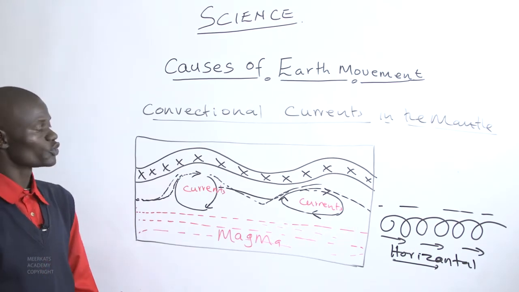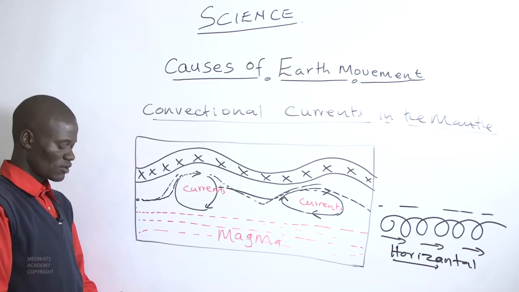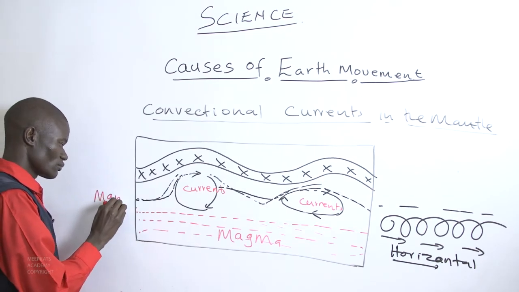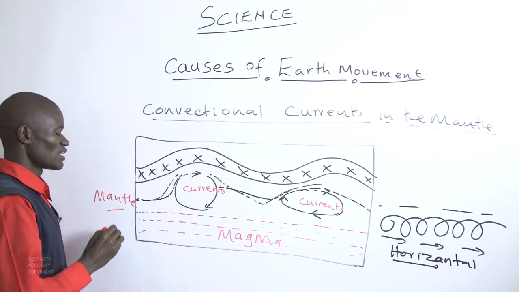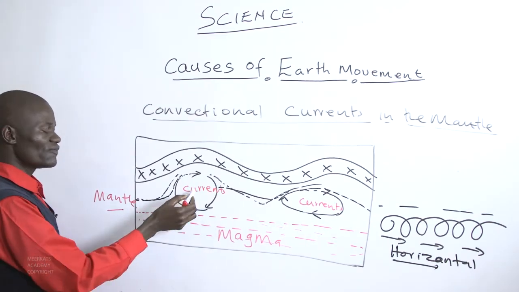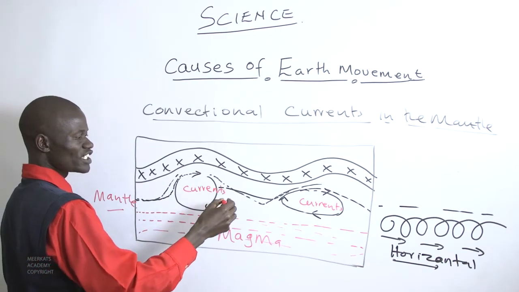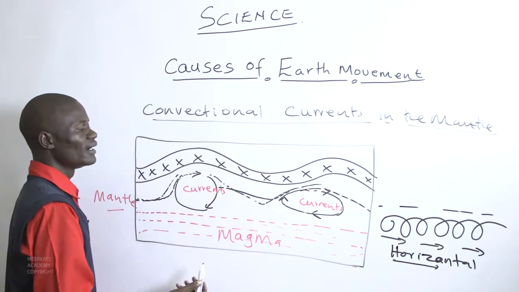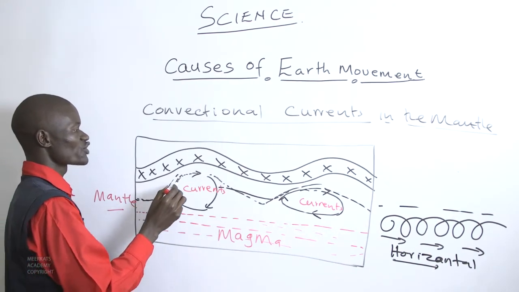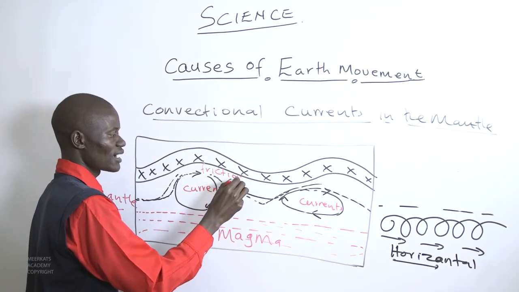We have been able to see that when the magma is in the mantle of the earth crust, this magma generates convectional currents, and as the convectional currents continue to move in the mantle, they cause what we call frictional drag.